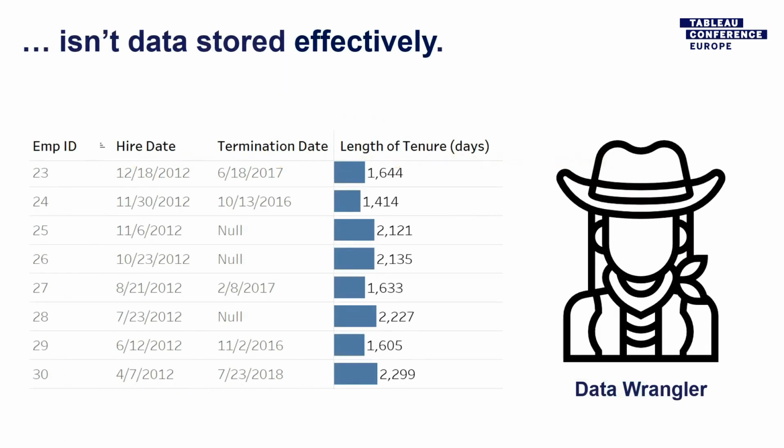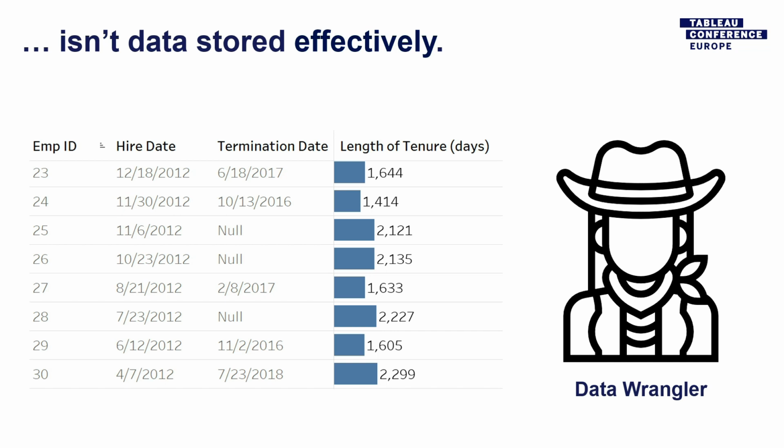But for that, we need our data structure to match that type of analysis. And here what we need is a record for every day that an employee has worked at the company. So we need a calendar table, one that has a record for every single day that the company has been in existence. And again, keep in mind that this is not going to be the most efficient way to store the data, because we're going to have a lot of extra rows.